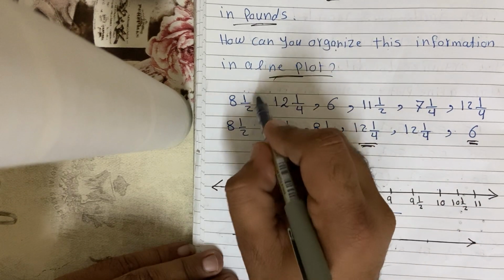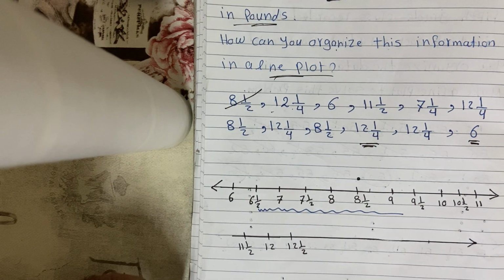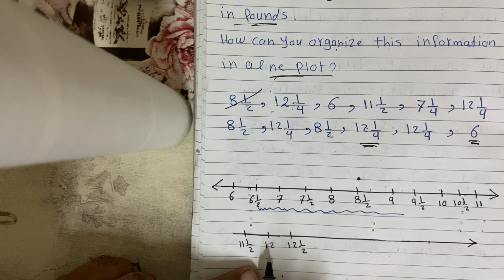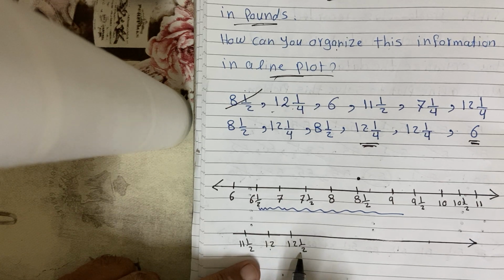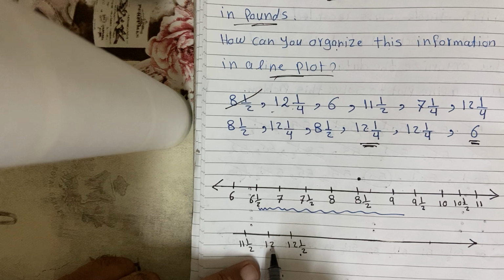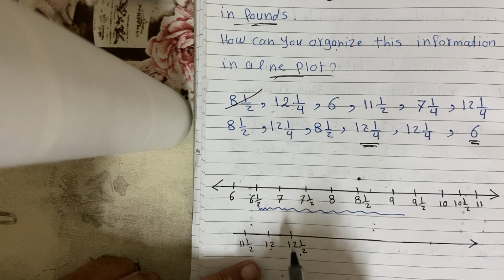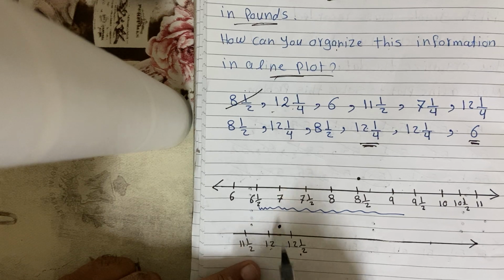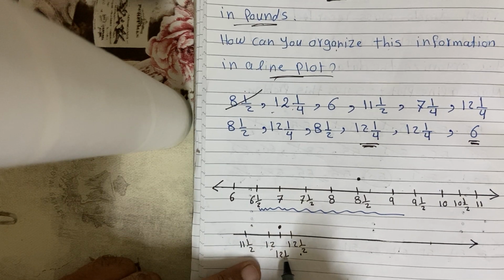Make a dot. 12 and a quarter. 12 and a quarter is in the middle between 12 and 12 and a half. Here, exactly in the middle, 12 and a quarter.